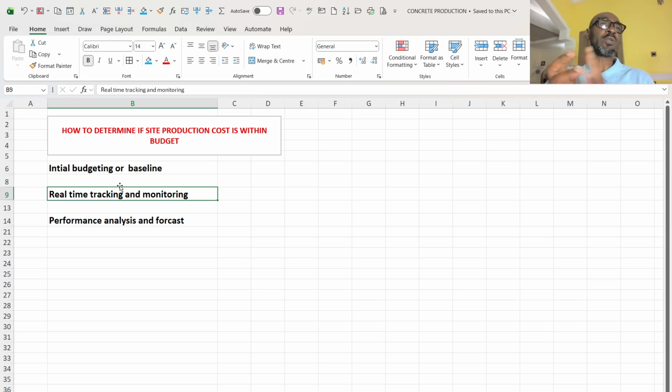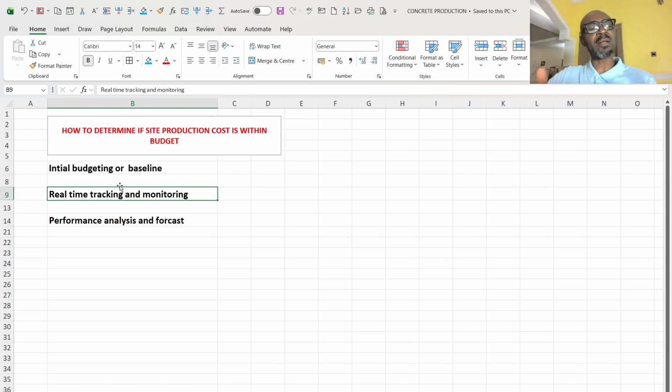And this data has to be categorized in the same manner you have done your budgeting, which is also labor, material, equipment, and overhead. Then you monitor by comparing the actual cost expense that you have incurred in the process of doing that job with your budgeted price.